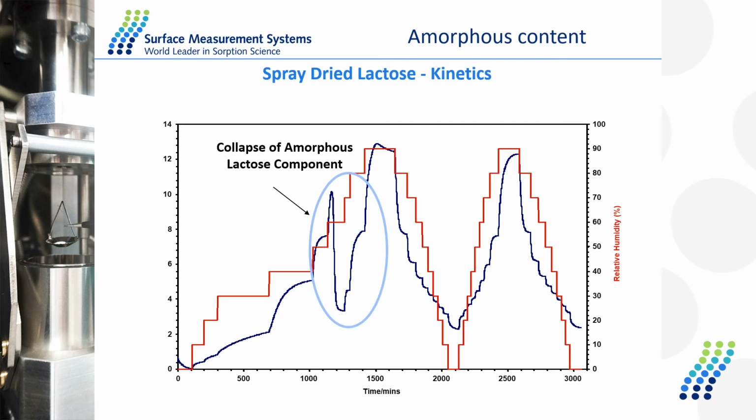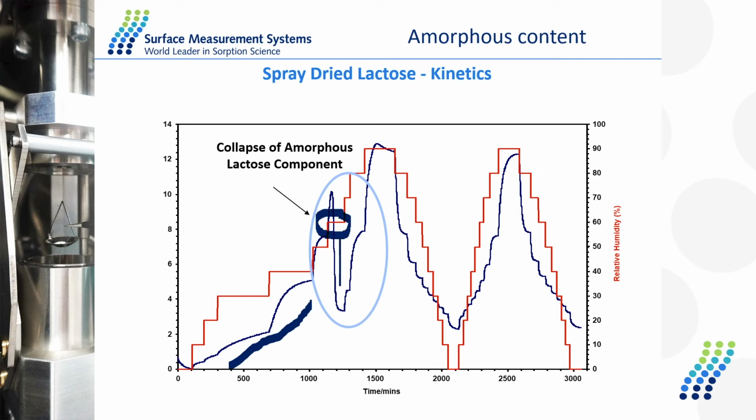What you see here is amorphous lactose exposed to water over a 2-cycle experiment. What we are looking at here is an initial stage of adsorption. You can see our mass increases progressively, but when we reach a certain level of relative humidity, we have a mass drop.